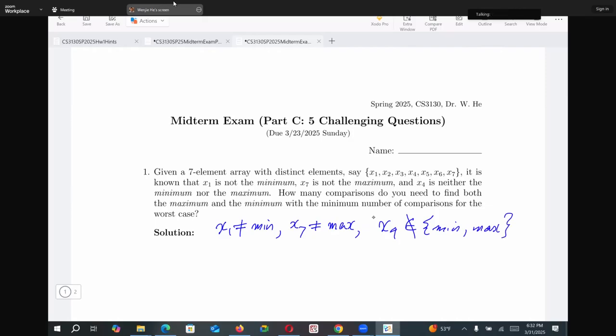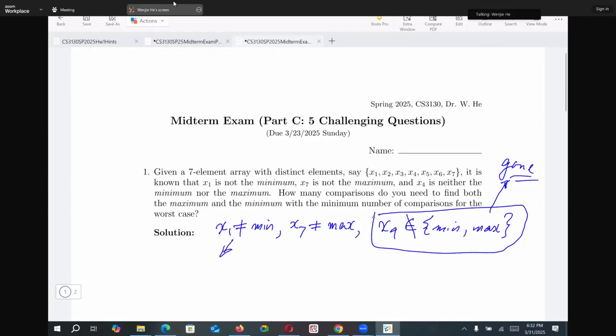Now we need to find both the maximum and the minimum. Since X4 is neither, it can be eliminated. It's gone, so you only need to consider the remaining ones. X1 is not a minimum, so it can join the winners group.